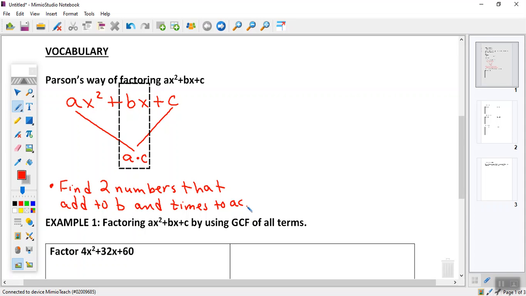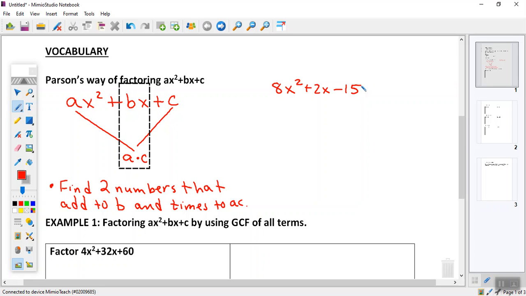8x squared plus 2x minus 15. I think that's right. Okay. Here's the deal. Instead of having just 1x squared out here, kids, what do we have out front?